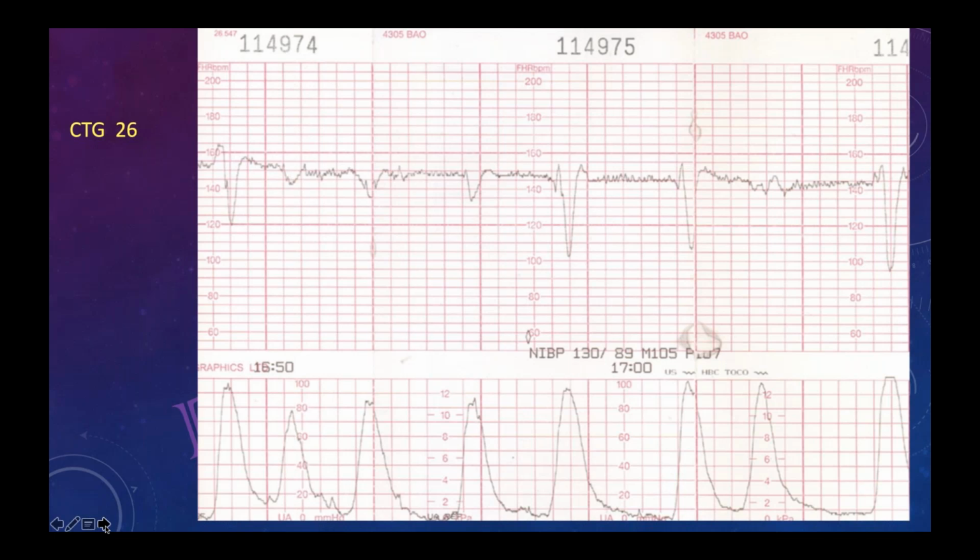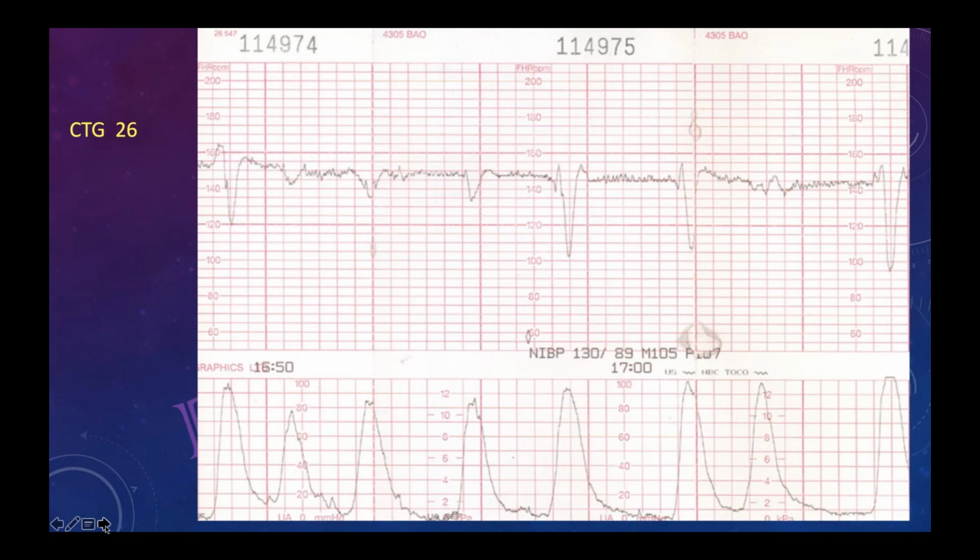In this tray, in 10 minutes, there are 1, 2, 3 contractions in 10 minutes. Hello, ma'am? Yeah, I'm listening.